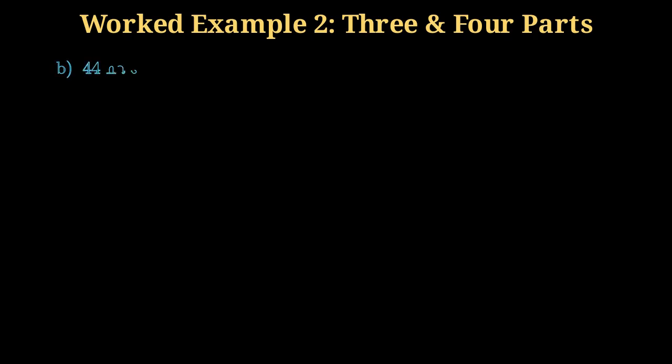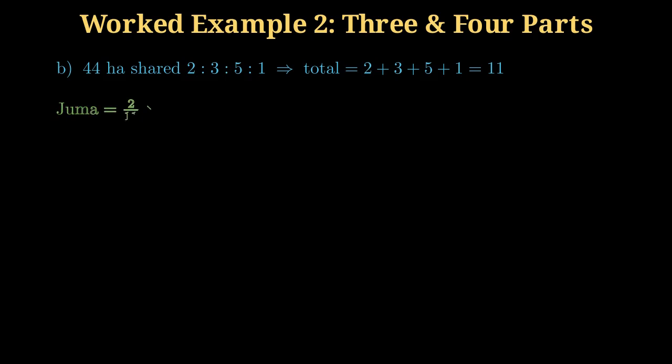Part B, 4 parts this time, sharing land. A grandmother leaves 44 hectares of land to 4 grandchildren, Juma, Nema, Sifa, and Tabu, in the ratio 2 to 3 to 5 to 1. Total parts: 2 plus 3 plus 5 plus 1, 11. 44 divided by 11 is 4, so each part is 4 hectares.